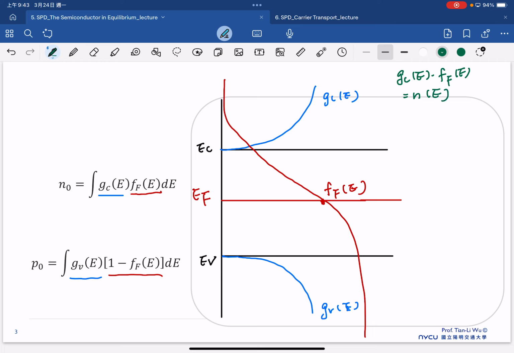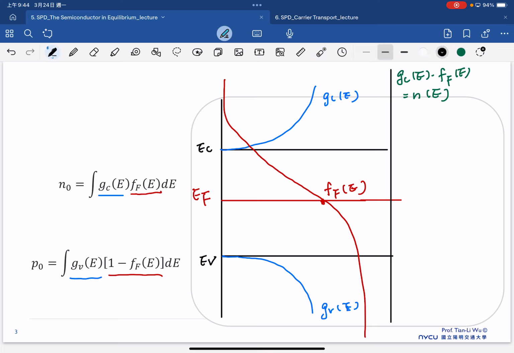This is our equation at different energy levels. This implies that we are trying to estimate these two curves, this one times this one. And therefore, the conclusion is that we are actually trying to estimate the area here.